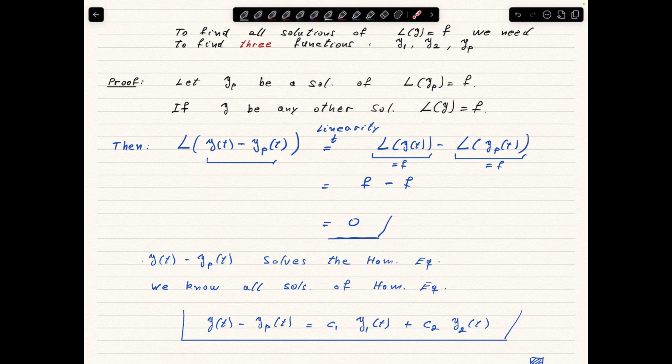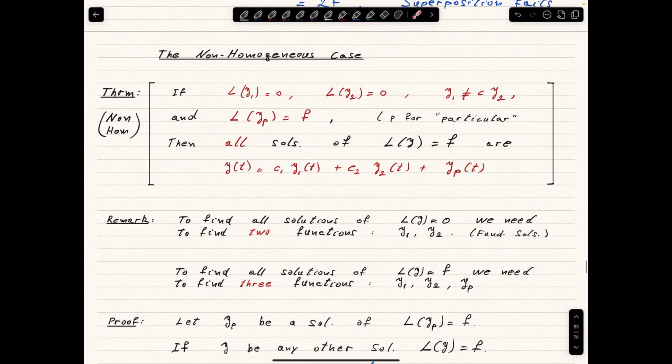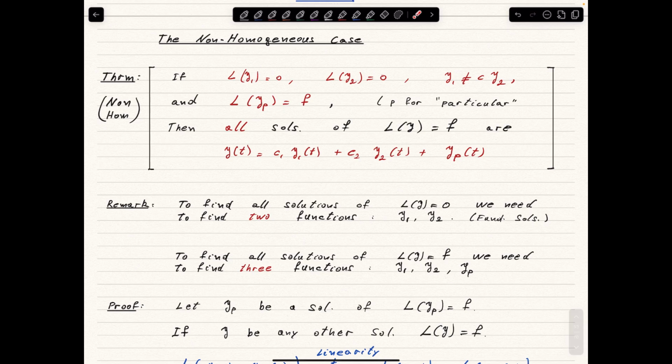For the rest of the video we are going to focus on how to find this particular solution. We know how to find the fundamental solutions of the homogeneous equation, so now we need to figure out a way to find the particular solution of the non-homogeneous equation. Once we have that, this formula gives us all the solutions.